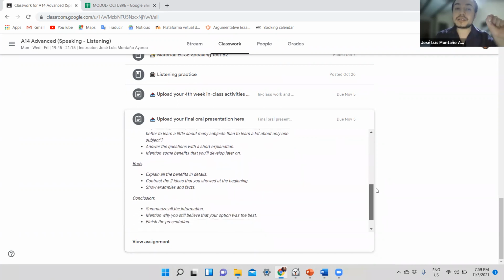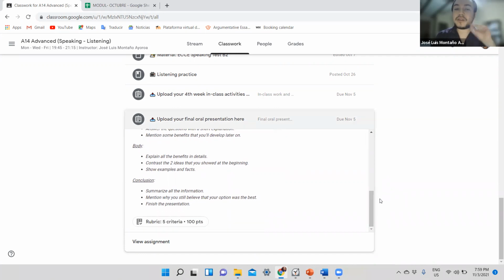In the body, you explain those benefits or reasons. This time you have to contrast those two ideas and show examples about that. And finally, the conclusion is just a short summary of all that information, and you mention once again why you still believe that your option was the best.